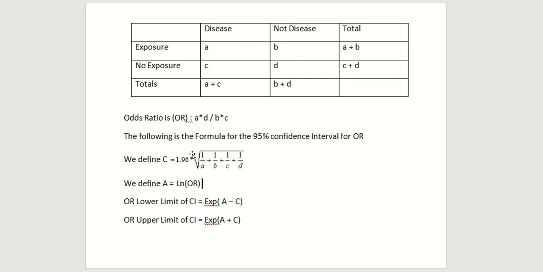This is your test. That is going to be your C. Once you do A minus C, and once you do A plus C, you exponentiate to go back to the space of the odds ratio, because it was in natural log over here. And you've calculated your odds ratio and your confidence interval.